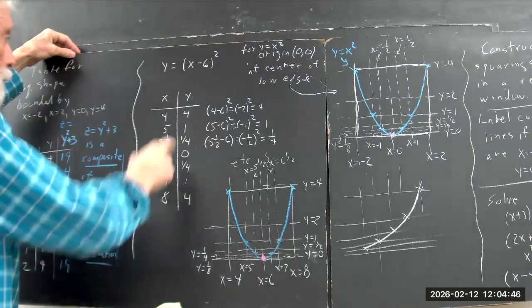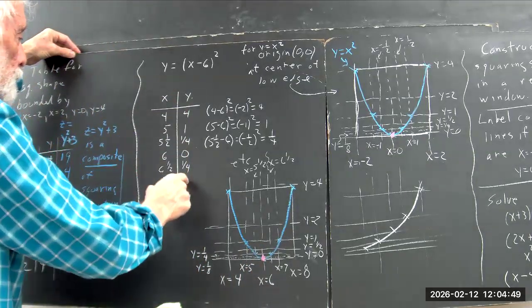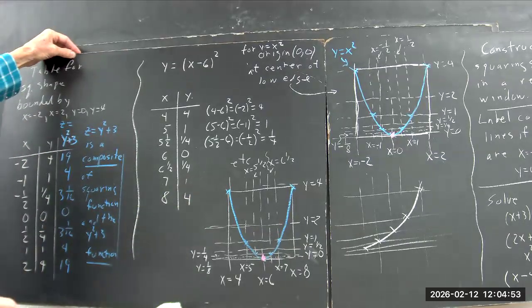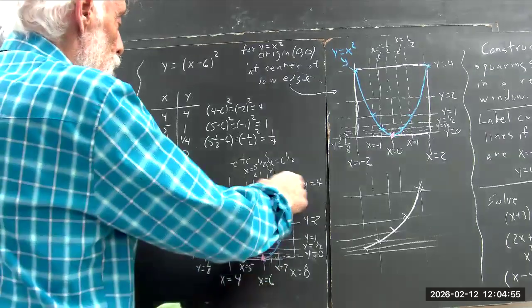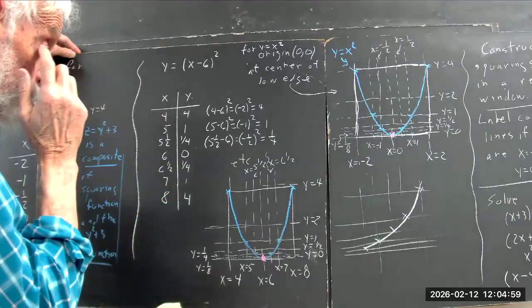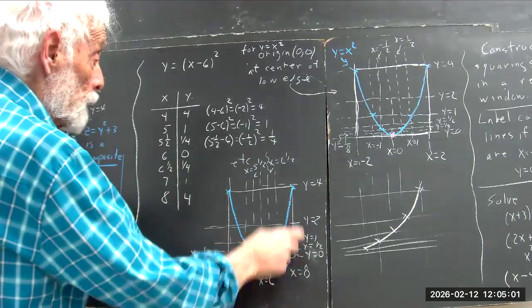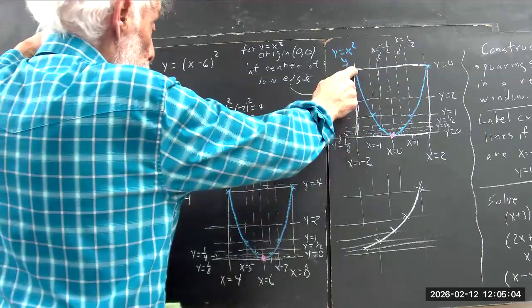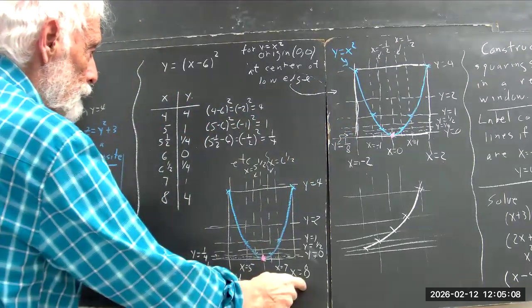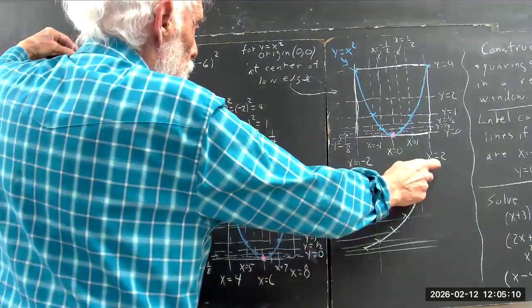You notice that the y values are identical to what they were here, which is why you can use the same grid, but with different labeling. Okay, y still goes from 0 to 4 as it does here, but now x goes from 4 to 8 instead of from -2 to 2.